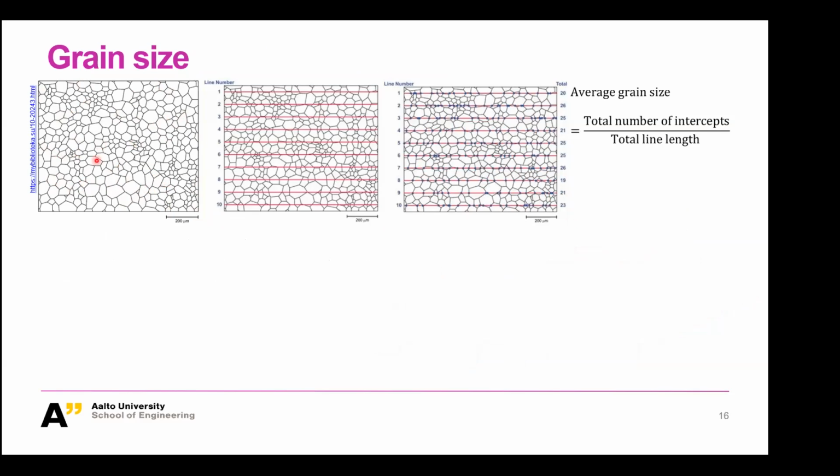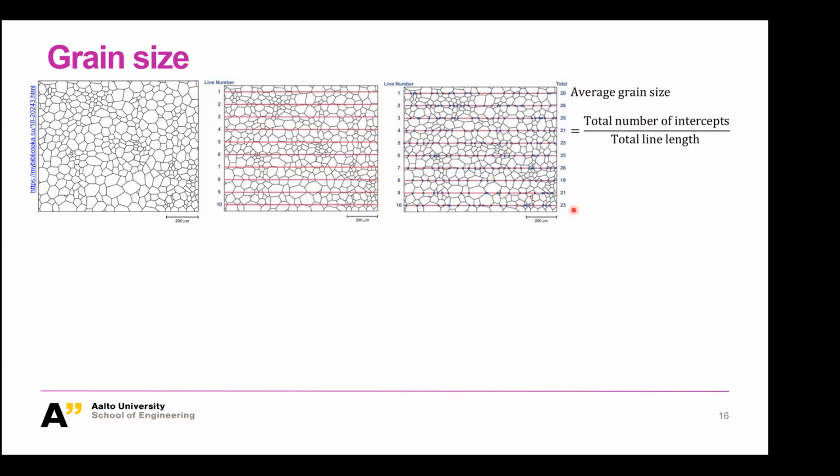This is just a schematic drawing, and you can draw some equal parallel lines like this, and count the intercepts between these lines and the green boundaries. Then you count the total number of these intercepts and divide by the total line length, because you have a line scale like this. Then you can have your average grain size.